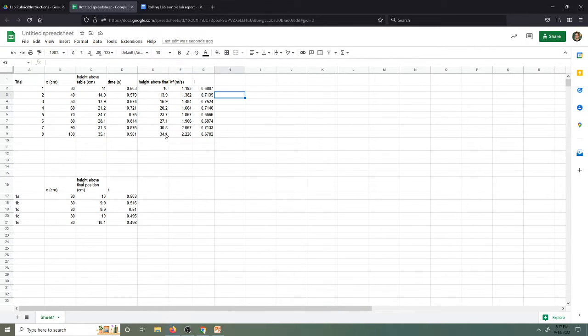And now we get into the statistics. This is the stuff that you're going to do for every lab, the statistics. Okay, so the first thing we're going to do is try and figure out if the height above the final height is related to I, if these affect each other.